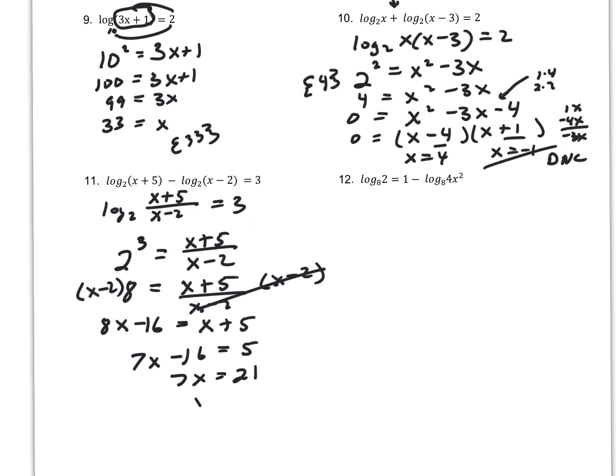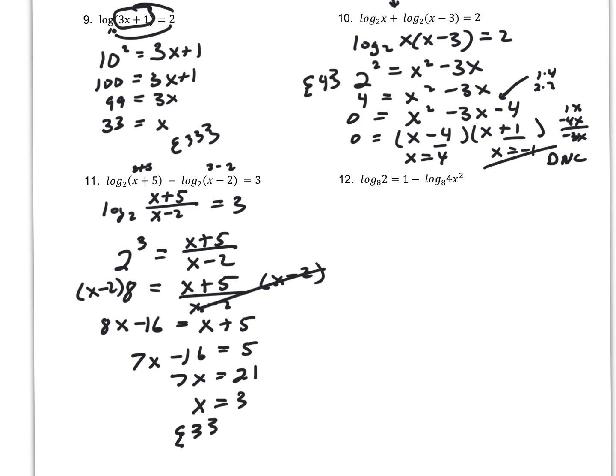And 21 divided by 7 is 3. So my quick check: is 3 plus 5 positive? Yes. Is 3 minus 2 also positive? Yes. So my answer of 3 would be correct, as long as I didn't make any other mistakes mathematically.